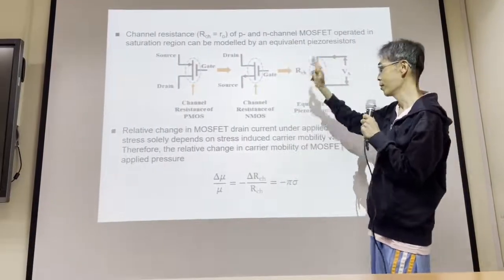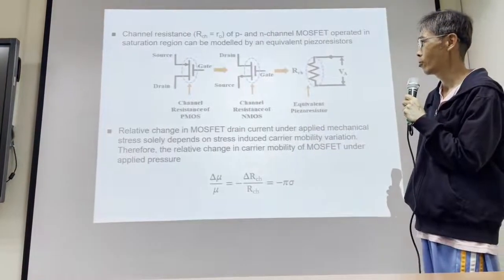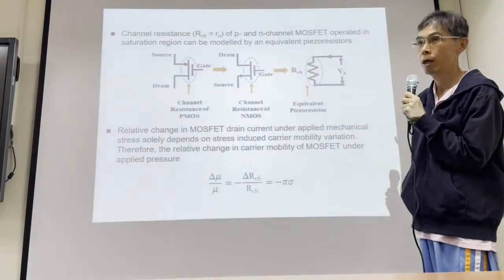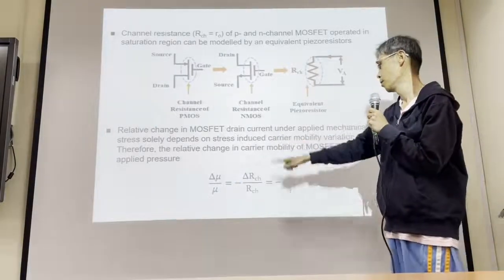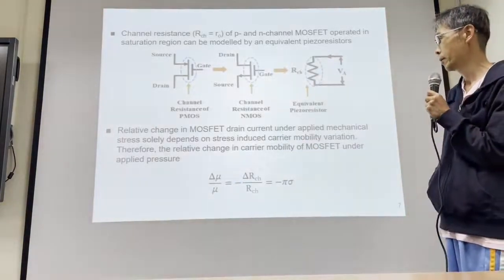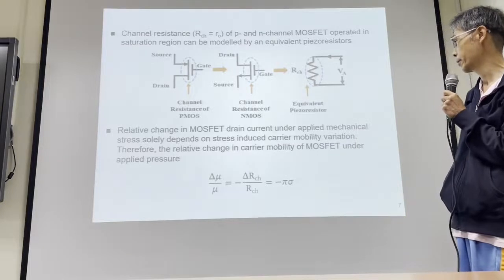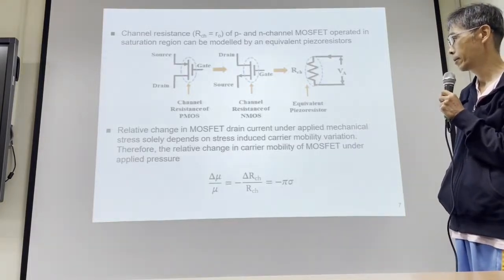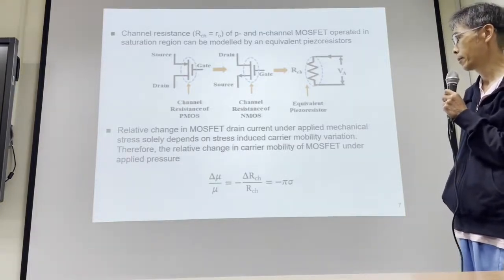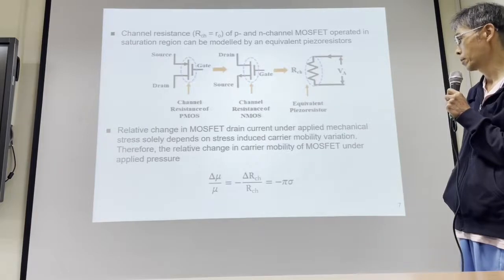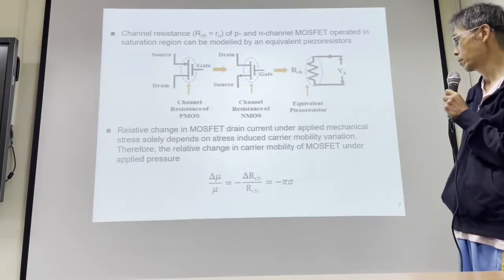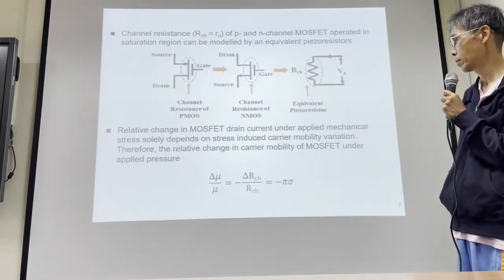So RO is the channel resistance. Ming, could you read this one? Relative change in MOSFET drain current under applied mechanical stress solely depends on the stress-induced carrier mobility ratio. Therefore, the relative change in carrier mobility of MOSFET under applied pressure.